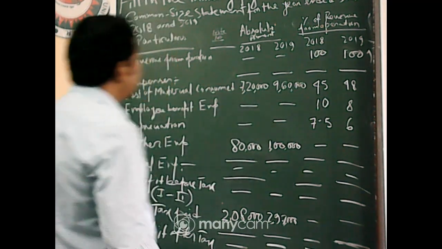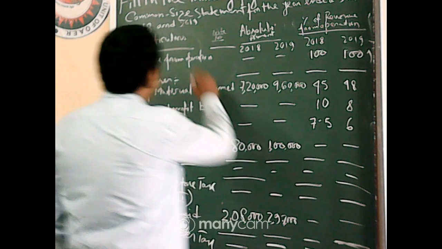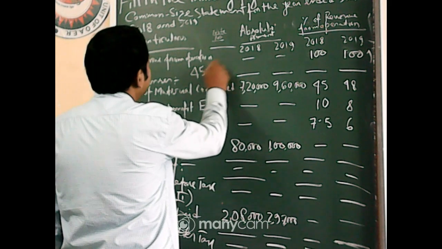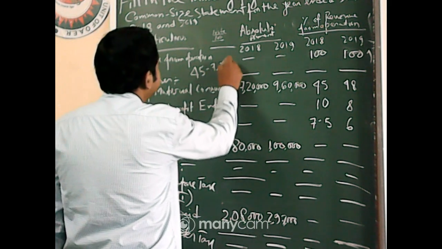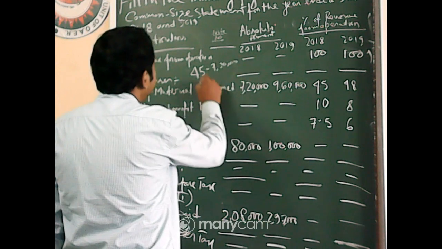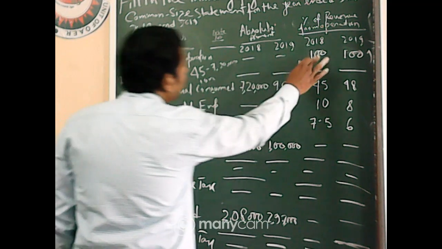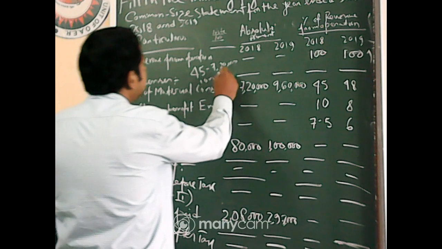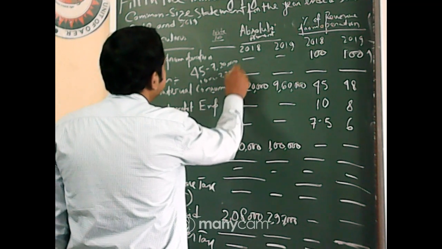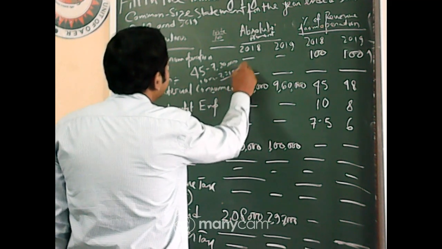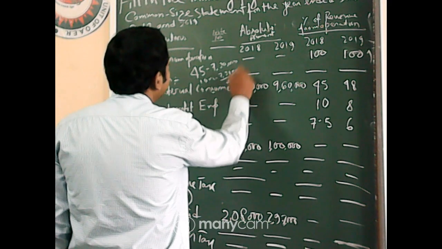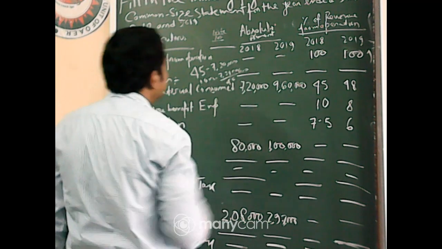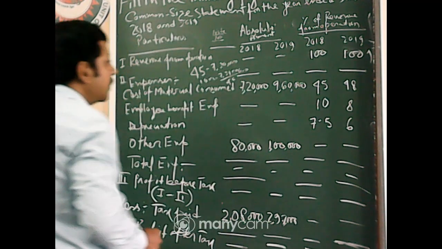If 45% equals 7,20,000, then what will be 100%? Because revenue from operation is 100%. Just simple math: 7,20,000 divided by 45 into 100. Whatever figure comes will be the revenue from operation.